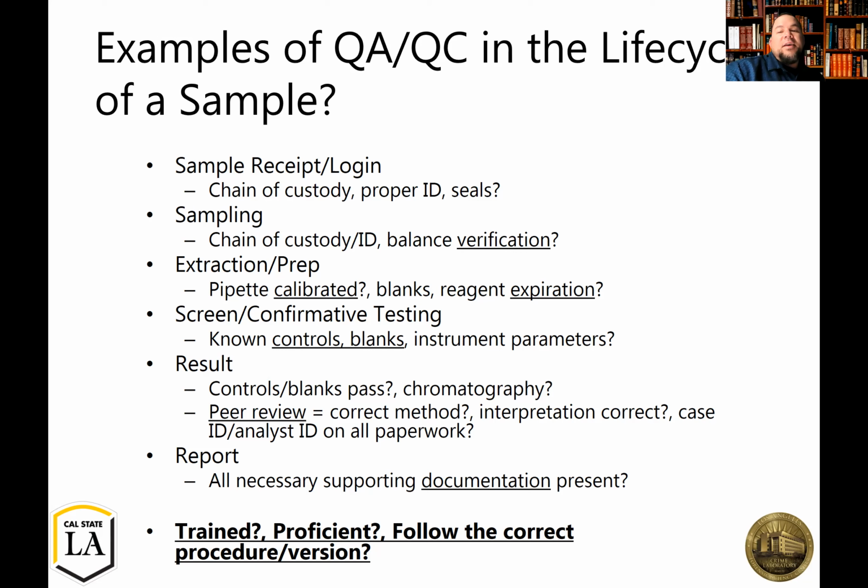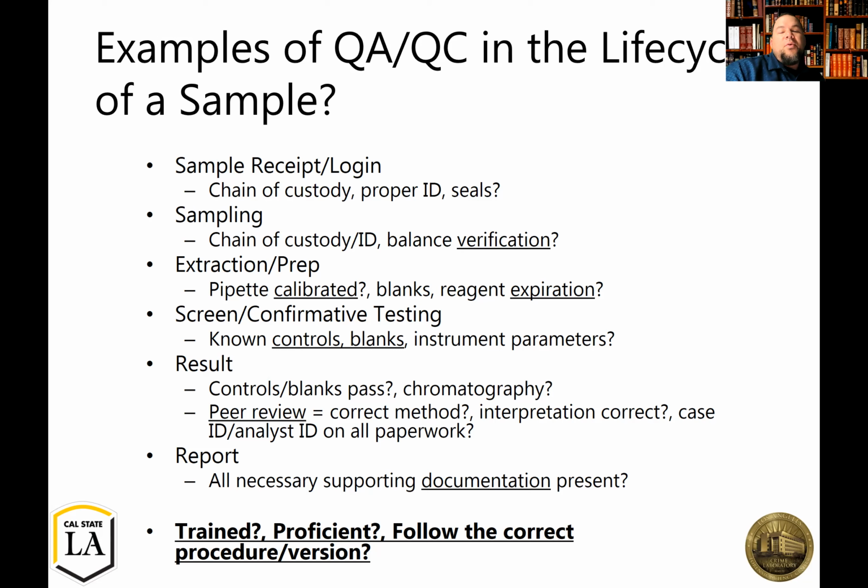And as the life cycle of the sample goes through the screening and confirmation testing, you're making sure the controls are proper, the instrument parameters are working, and with the results, making sure that the controls worked. I mean, you'll get results no matter what, but if you look at your controls and they're all off, how can you be certain that your actual sample result is legitimate?